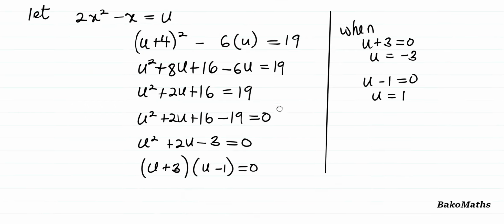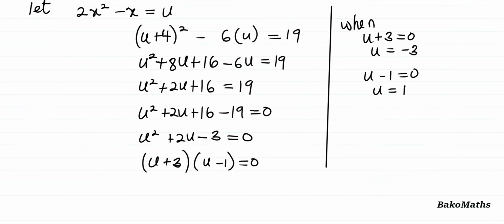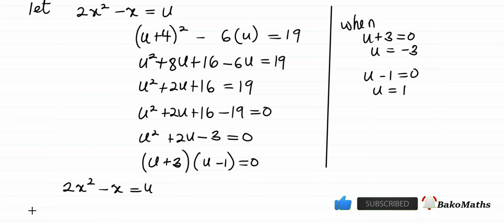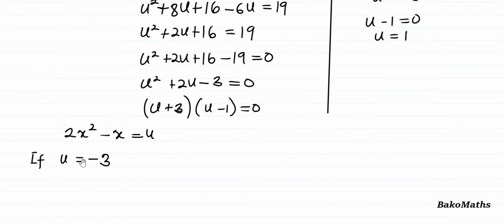So we continue from here. From what we said earlier, that we should let 2x² − x be equal to u, it implies that if the value of u is equal to −3, then in place of u we are going to substitute −3. So we have 2x² − x equal to −3. Here we have 2x² − x + 3 equal to 0.